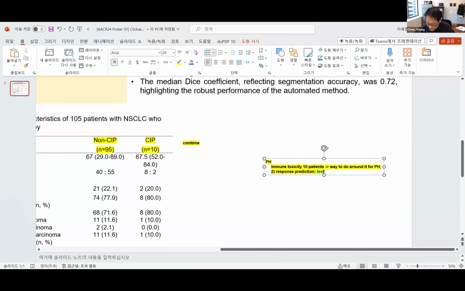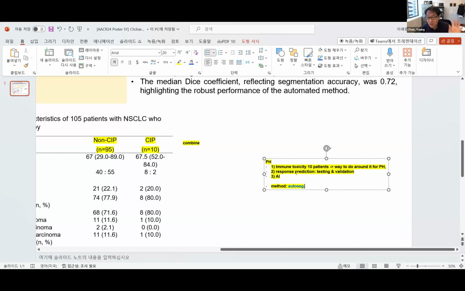And it's not a big cohort. So Picture Health AI model, response prediction, toxicity prediction, and in the method, say we used the autoseg, and it was pretty efficient.